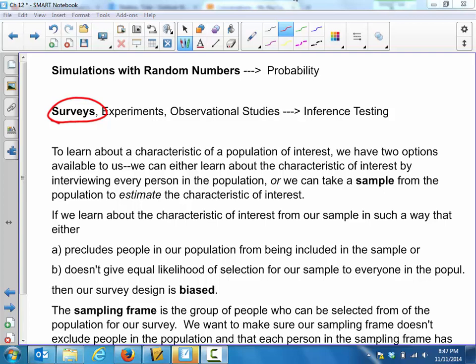And that'll give them a sense of whether or not the saltiness, if that's the thing that they care to learn about, is appropriate for the whole pot of soup. Okay, that's the logic behind a survey. It saves time, because with a census, learning about everyone in the population, whether the population be the pot of soup or every single student here at Yorktown, it takes too long and it's too easy to miss people.